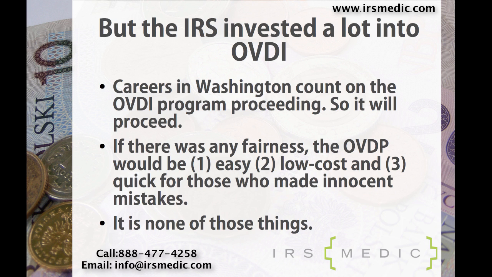It's just one of these things where the IRS can give this appearance of being harsh, of looking like it's being harsh and on top of things, when in fact the rest of the IRS really isn't. Because if there was any fairness, this OVDP for this 96% of our clients, who made innocent mistakes, would be easy, low cost, and quick. And I'm going to tell you, it's none of those things.